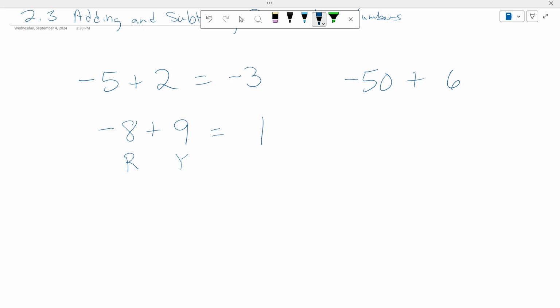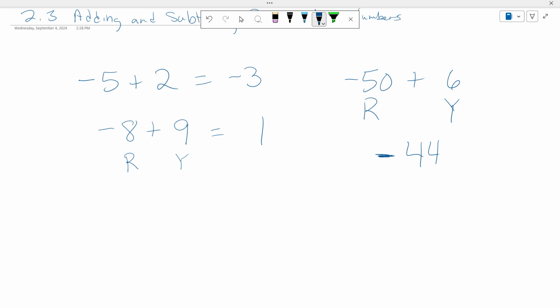When you match them up, 6 of these come from each, so 6 and 6 go away. What's 6 less than 50? 44. So you'd have 44 reds, so it would be a negative 44.